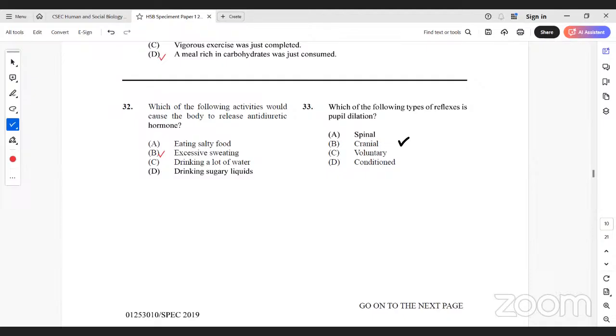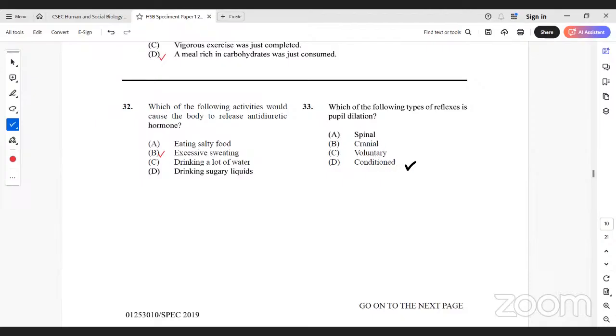33. Which of the following type of reflexes is pupil dilation? Which means we are just into the nervous system. The eye falls under the nervous system. So we are finished with excretion and homeostasis. We are into the nervous system. So they have spinal, cranial, voluntary, conditioned.